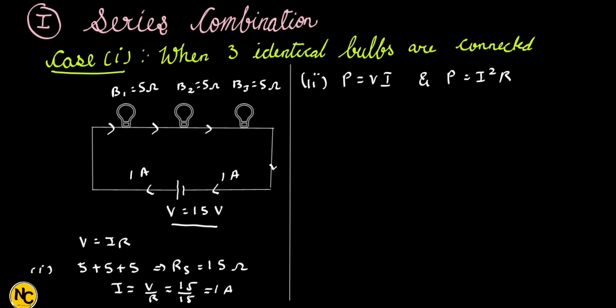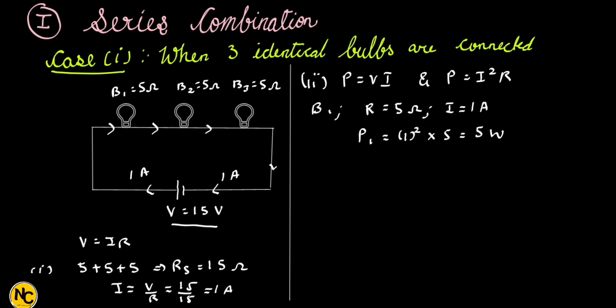Okay. So for bulb B1, resistance is equal to 5 ohm and current is equal to 1 ampere. So power for bulb 1 is equal to 1 square into 5, which is equal to 5 watt.